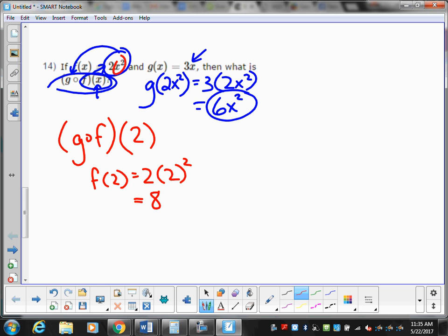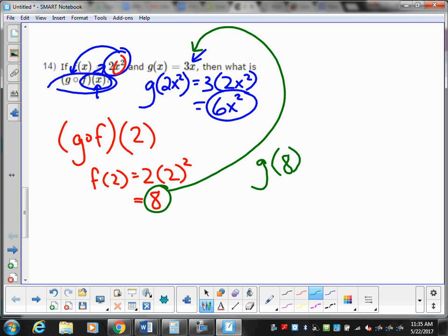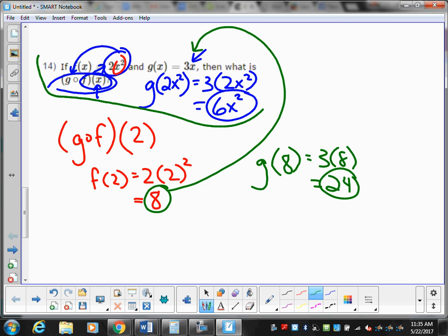And then I would plug the 8 in for this. So I find g of 8, which would be 3 times 8. So the answer would be 24 as my final solution. So those are the two ways you could see this. This one is if there's no value for the variable. This one is if they asked you to find the actual value of them.